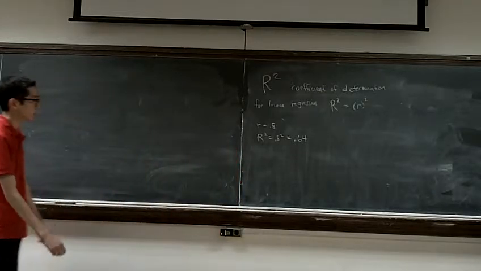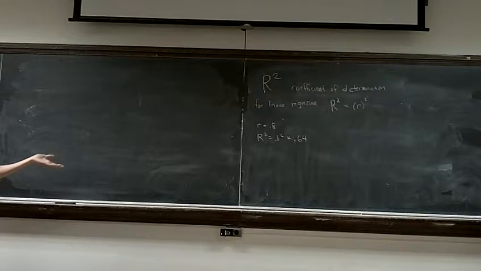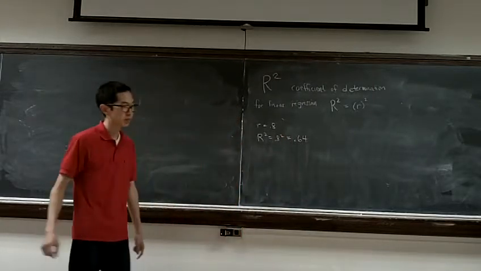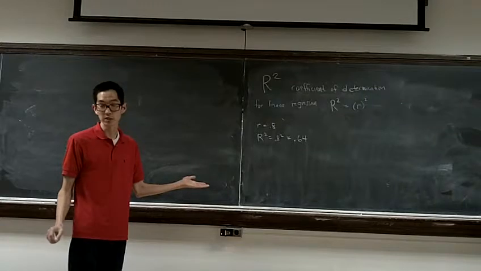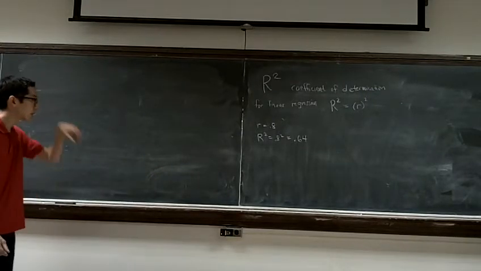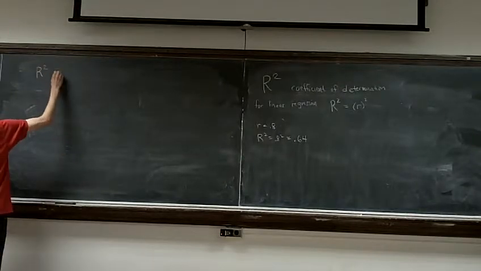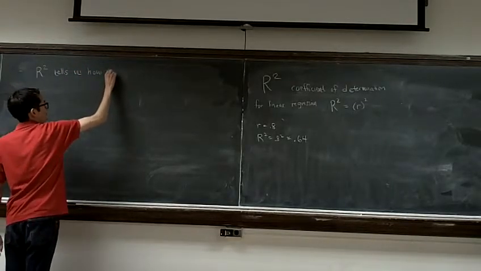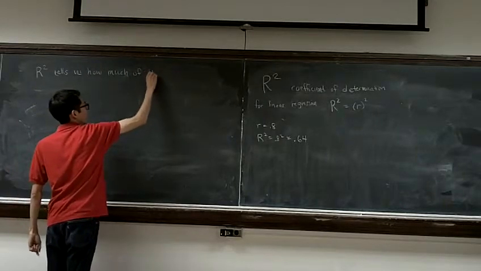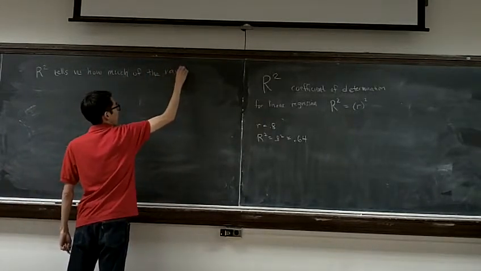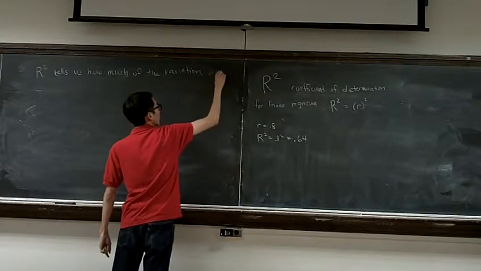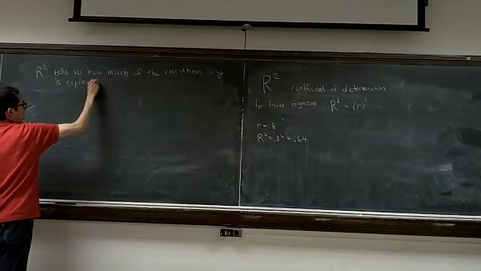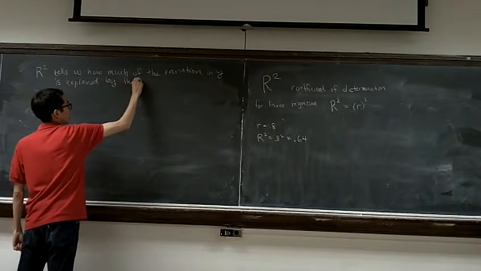R squared, big R squared tells us how much of the variation in Y, the response, is explained by the linear model, or X. So it tells us how much of the variation in Y is explained by the model.